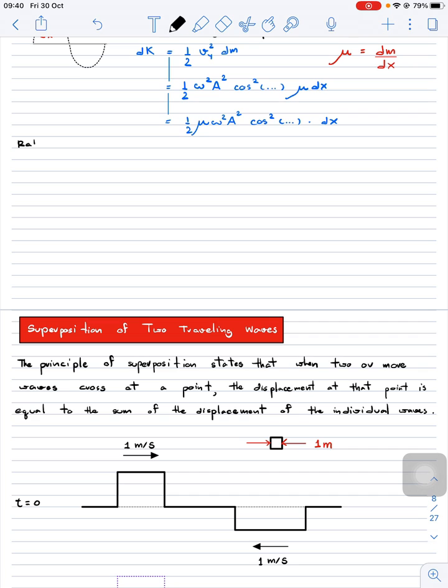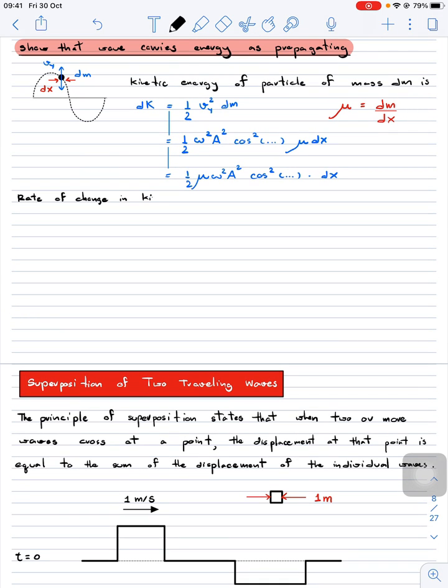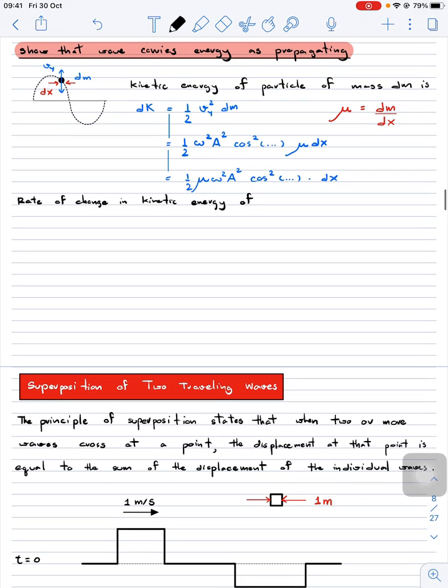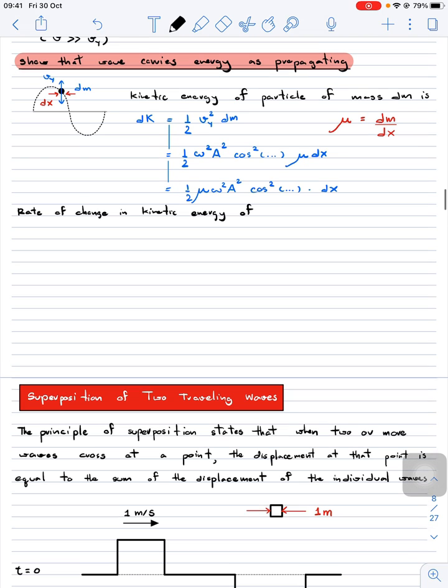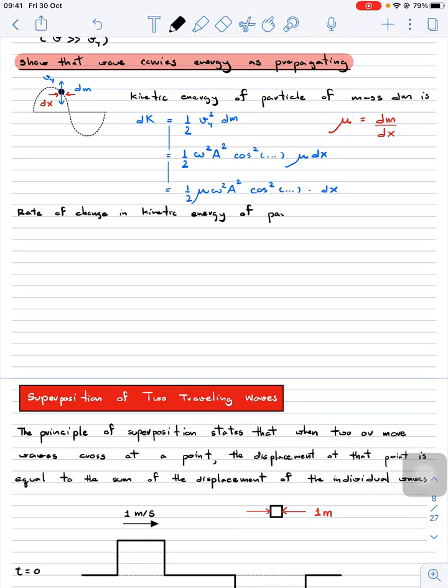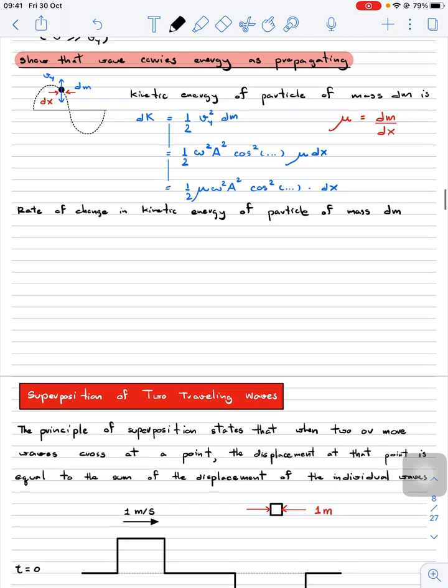The rate of the change in kinetic energy of the particle of mass dm.